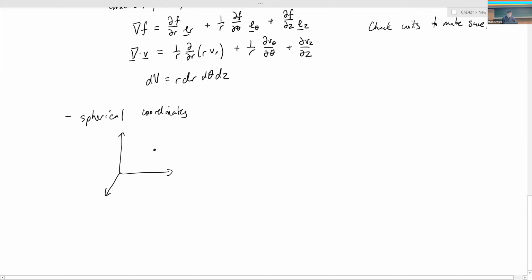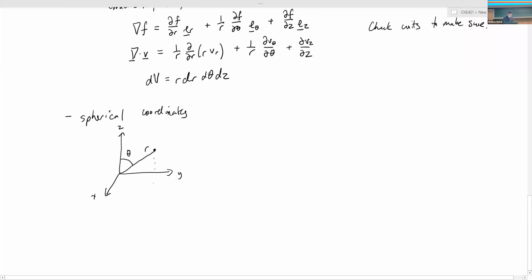If I have a particular point like this, the radius, the distance from the origin, is going to be given by r. This is my x, y, and z. The polar angle, or angle with respect to the z-axis, is going to be called theta.